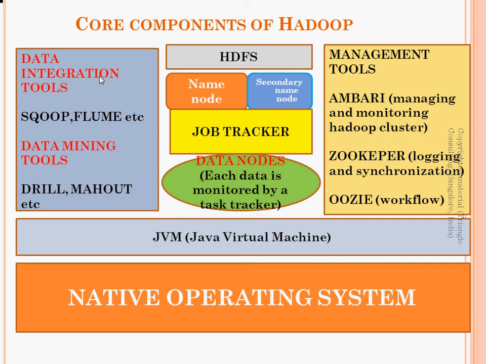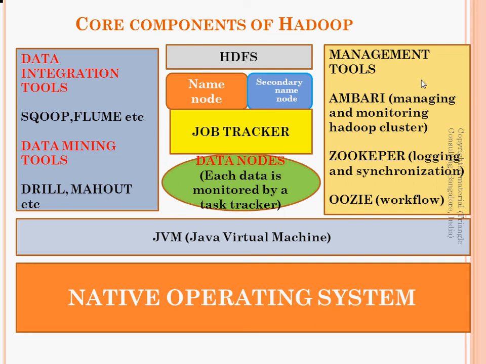There are a lot of open source projects being contributed over there. On the right hand side, the yellow box is a set of management tools. These are very important tools needed to monitor and manage the cluster. When we speak about a distributed computing environment, it's a huge interconnection of multiple computers, and managing all those computers is quite a task.